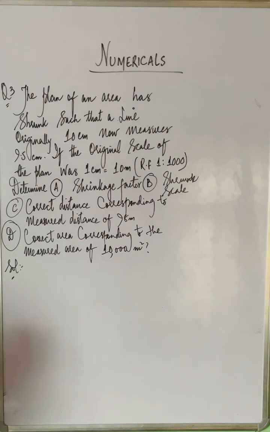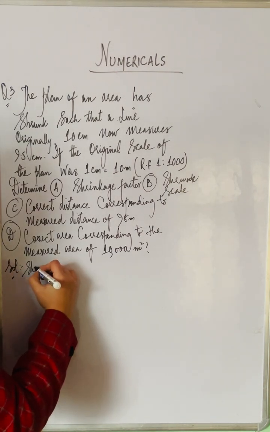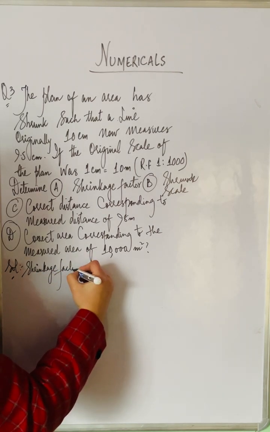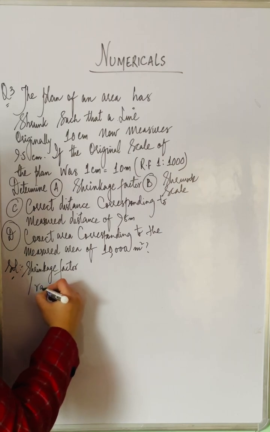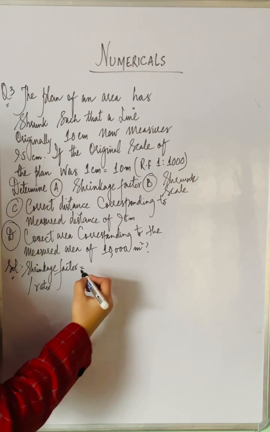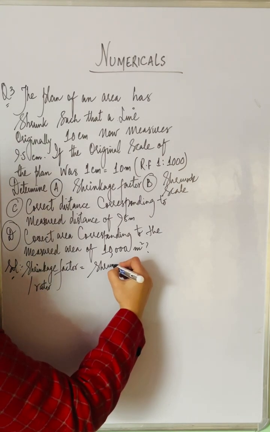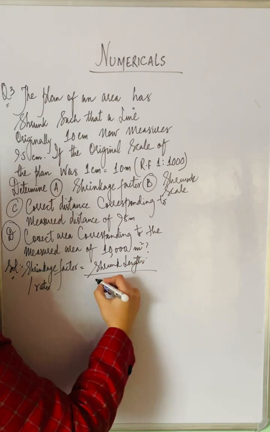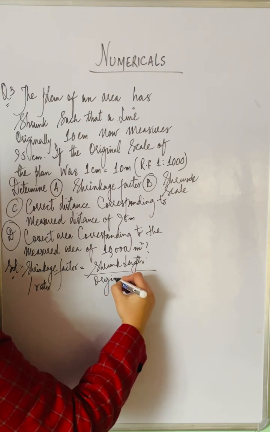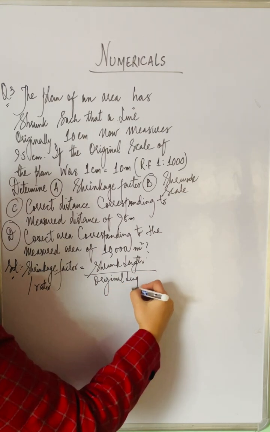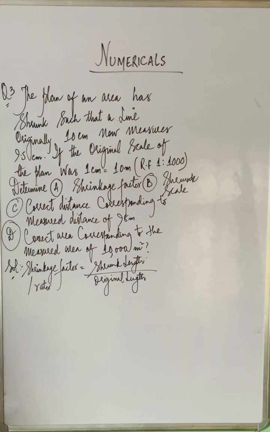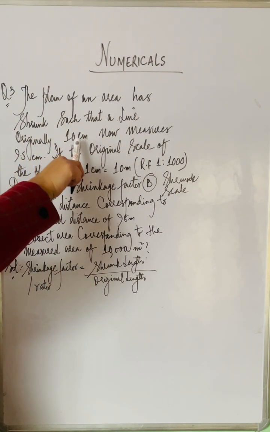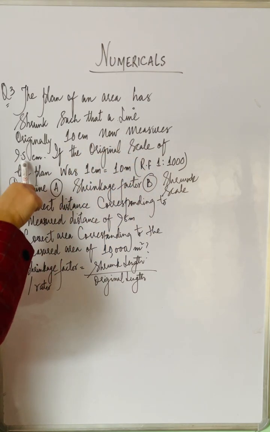First, we'll find the shrinkage factor or the shrinkage ratio. Shrinkage factor or shrinkage ratio is given by shrunk length divided by original length. And how much is the shrunk length in this case? Such that the line originally 10 centimeters now measures 9.5 centimeters.